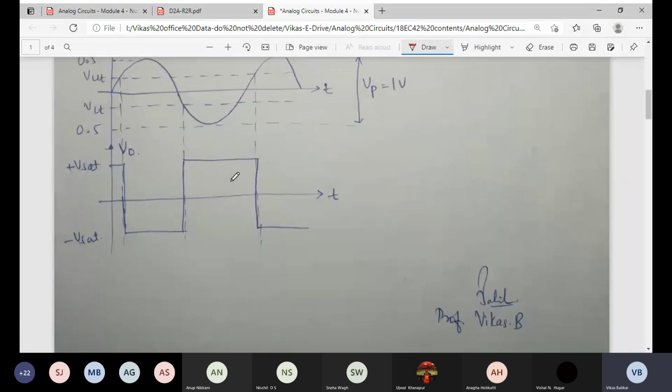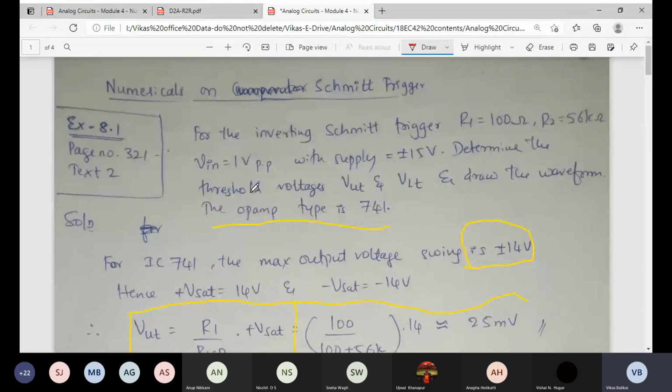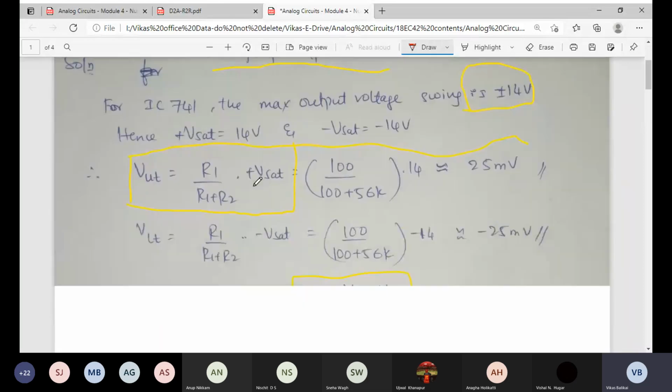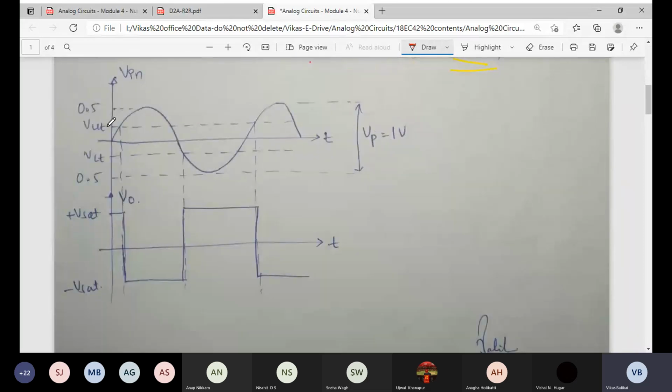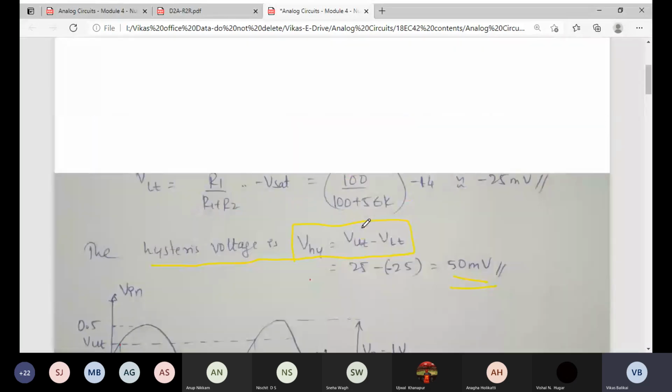Now on the same line, if I want to draw the waveform, just draw this sinusoidal waveform, because he has given the input as Vin 1 volt peak to peak sine, and then mark the upper threshold voltage and lower threshold voltage. Whenever my input is less than the upper threshold voltage, the output will be at plus VSAT as per the concept, and I mark it high there. When my input becomes greater than the upper threshold voltage, the output will drop down. Anyhow you will be drawing this waveform while understanding the concept.